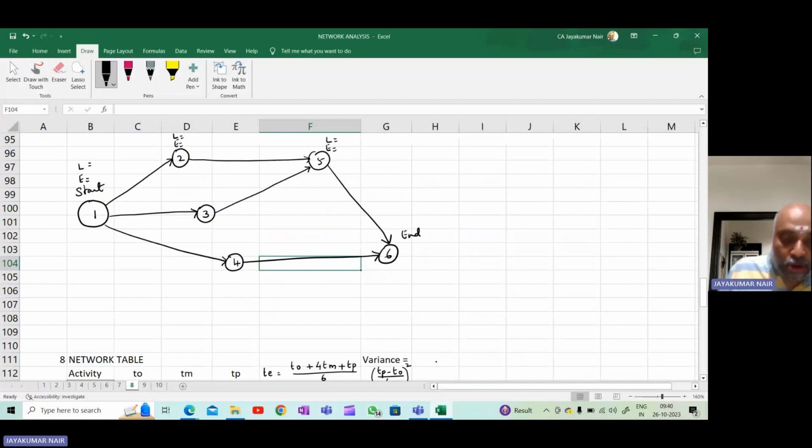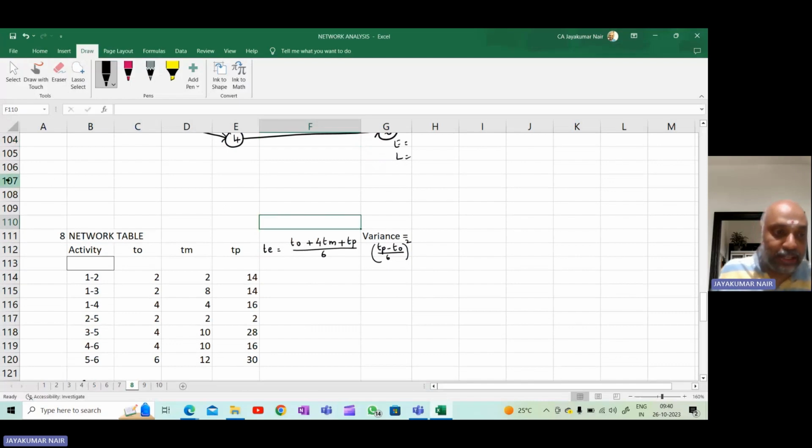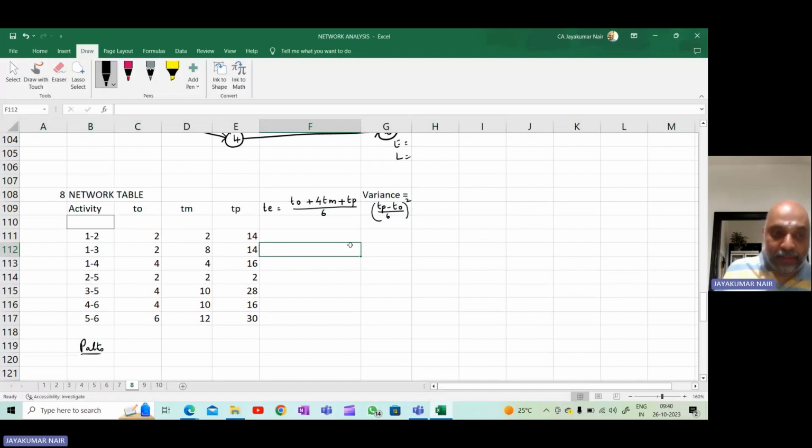But for each activity, they have given you 3 estimates: optimistic, pessimistic, and most likely. So how do we compute the average time? To compute the average time, we will prepare one network table.